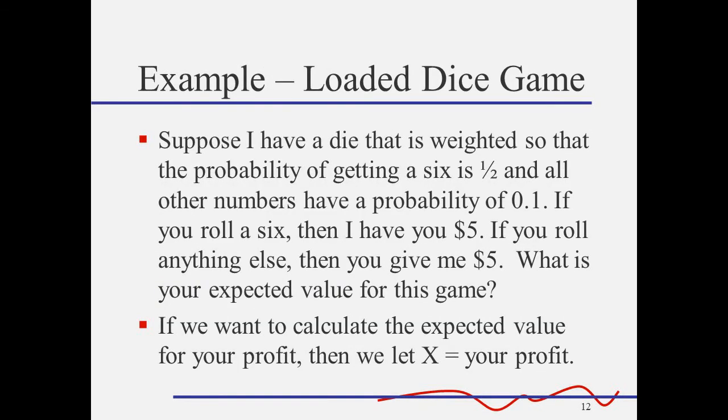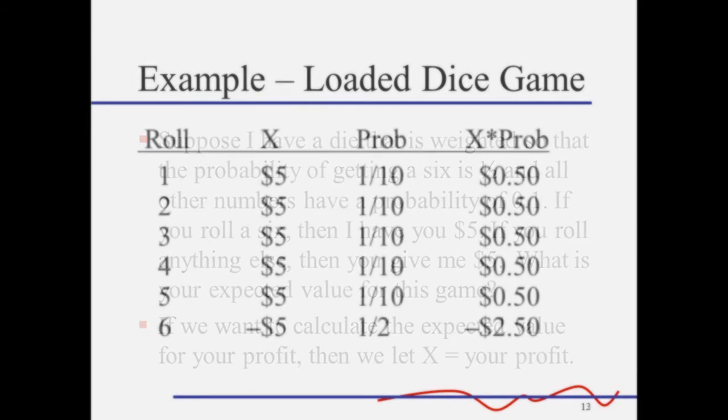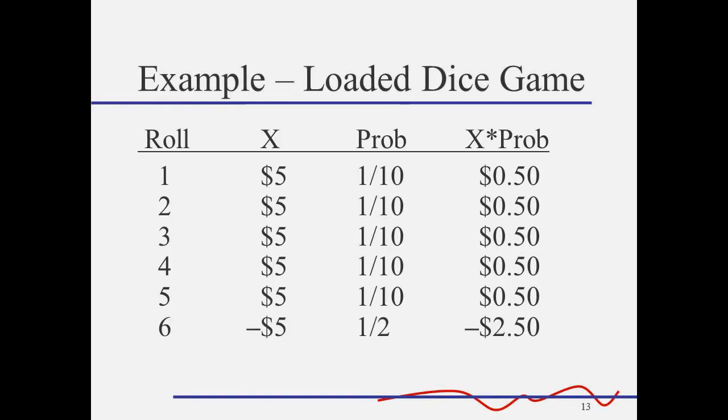So here's a dice game I invented to play with a loaded die. I'll pause here a little bit and let you read about the game. We want to find the expected value of our profits, so we need to put a dollar amount to the outcomes. I've listed all the possible values from the die, along with their probabilities.